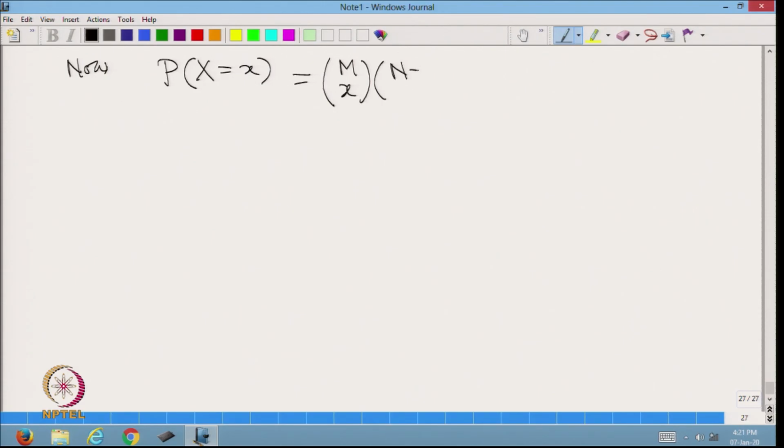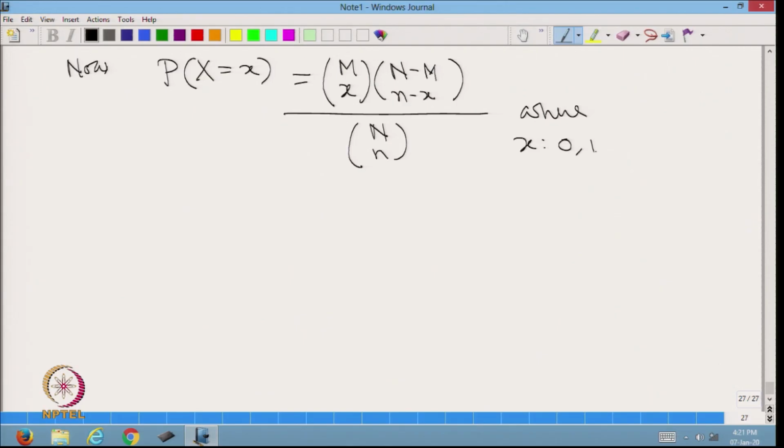Out of the remaining n minus m black balls, I choose n minus x blacks, and the total number of selections is N C n, where x can take the value 0, 1, 2 up to minimum of n and m, and 0 otherwise.